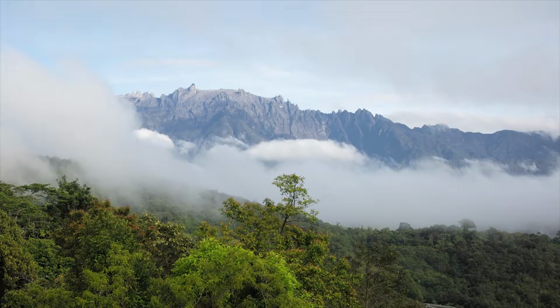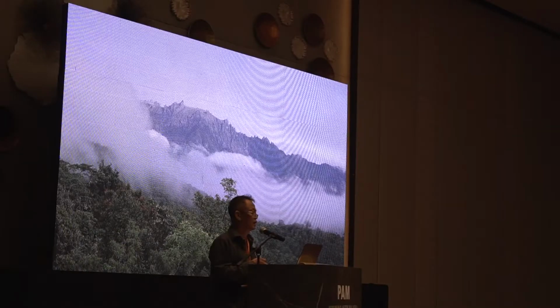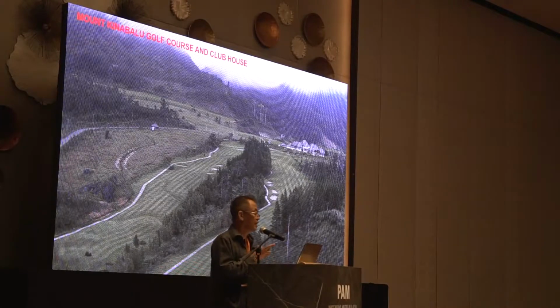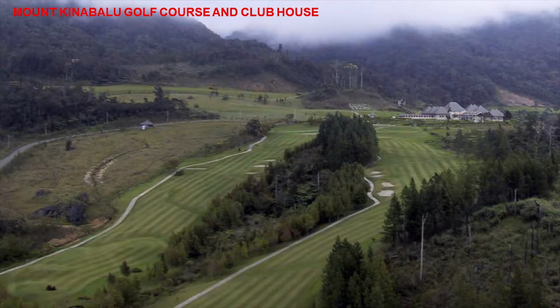Mount Kinabalu is above the clouds, with the jagged edges of the mountain, part of the Crocker Range. Under the clouds, you get this Mount Kinabalu Golf Course. It's a really beautiful place, and you have the clubhouse on the left-hand side.